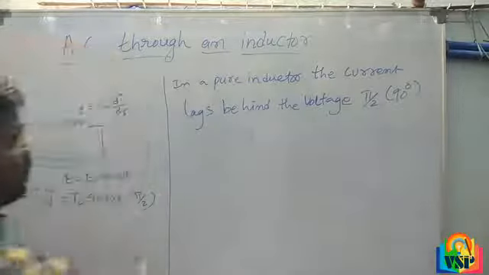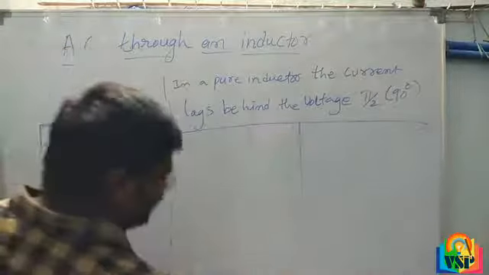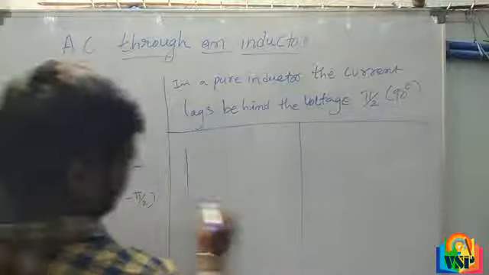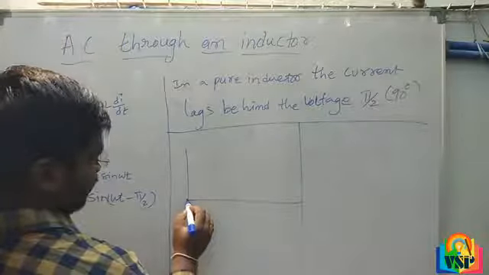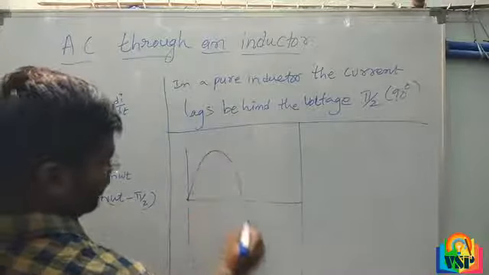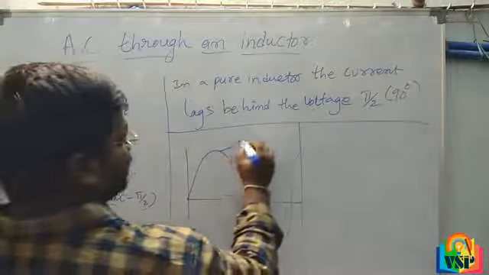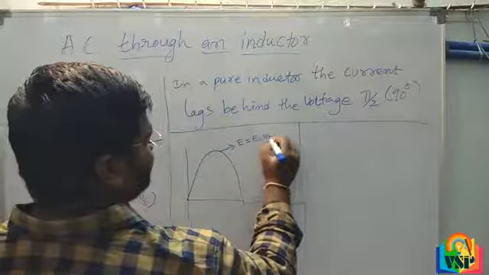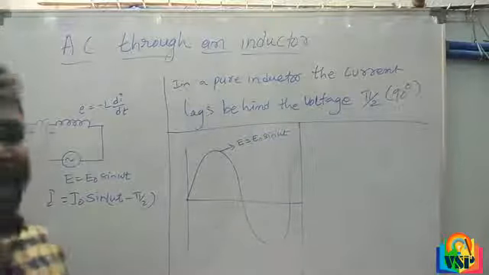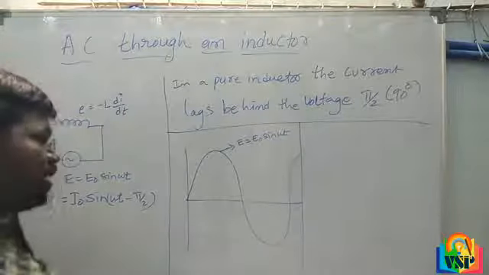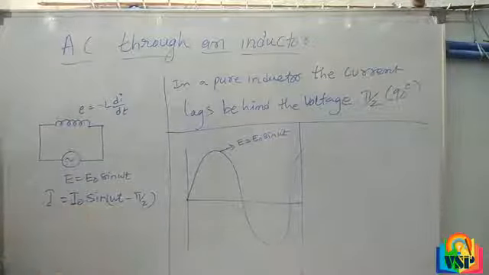Coming to the graph and phasor diagram. We know that always E is equal to E naught sin omega t. You can represent it like this. So now we can draw the current curve.